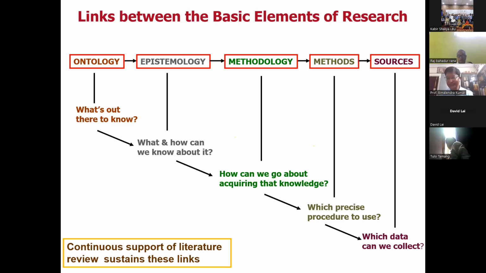Then come the sources, and how the procedure can be carried out by the research methods. So we have seen that from the time of registration of the PhD till the submission of the research, there is continuous and sustained study: the literature review and the new findings you come across till the submission of your thesis.